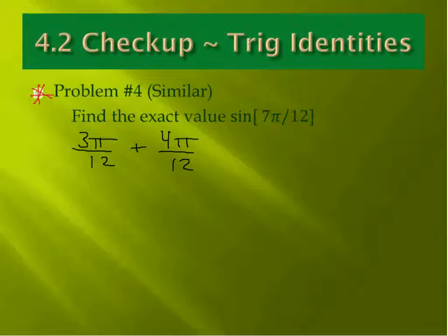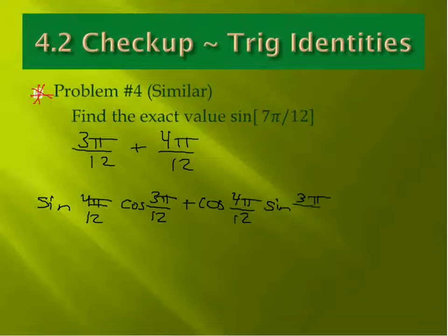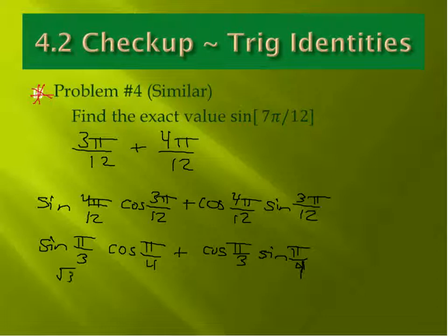I'm going to start over, and this time I'm going to write them in the reduced form. Now I'm going to look on my chart, check out what each of those are, and fill them in.